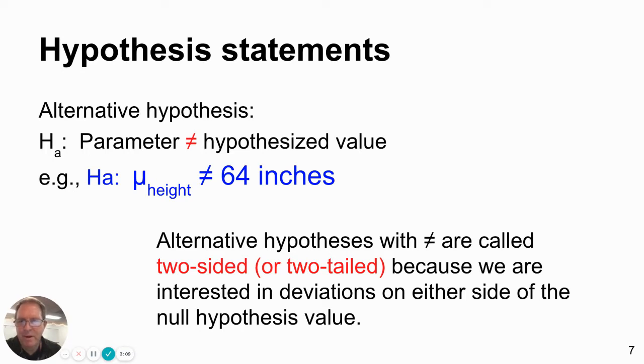This type of alternative hypothesis, the type with a not equal sign, is called a two-sided or two-tailed test because we are interested in deviations on either side of the null hypothesis. Now notice that the alternative hypothesis uses the same population characteristic, mu, and the same hypothesized value, 64 inches, as we used in the null hypothesis.